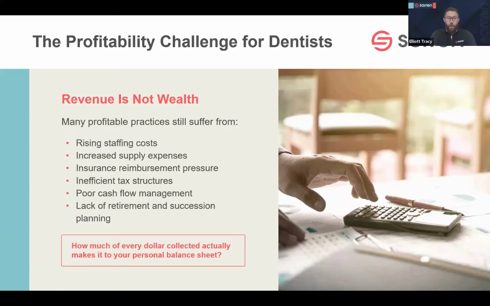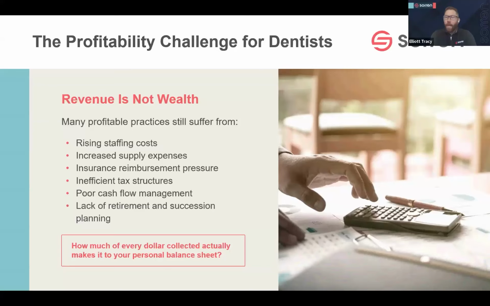Today, if I had to pick an underlying theme, it is how we can keep more of the wealth that is generated within the dental practice, which is obviously a lot easier said than done.